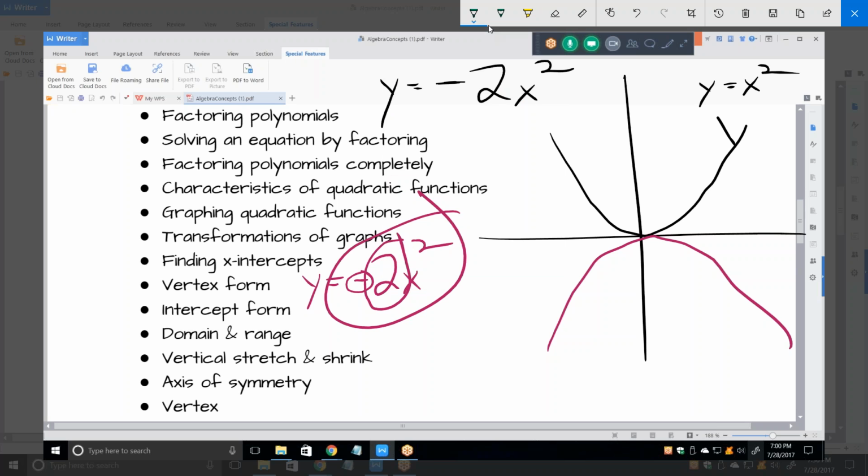So if I want to graph y equals minus 2x squared, first I do the reflection, which is the red line, and then I do the vertical stretch, which we know makes it skinnier by a factor of 2.